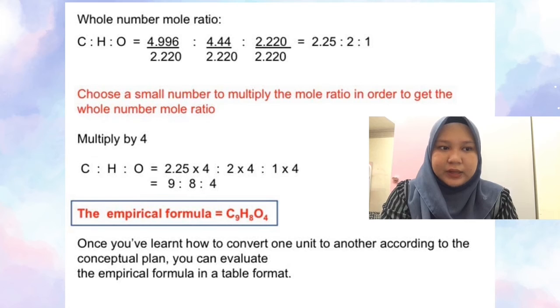The empirical formula is carbon 9, hydrogen 8 and oxygen 4. Once you have learned how to convert one unit to another according to the conceptual plan, you can evaluate the empirical formula in a table format.